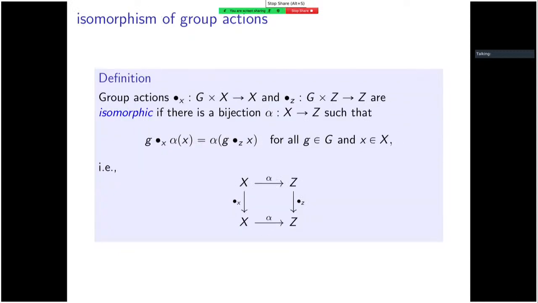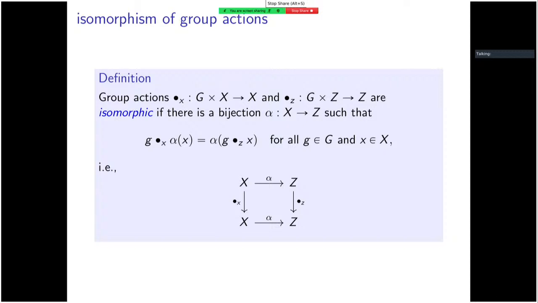And just as for species, we can define when two group actions are actually isomorphic. Possibly I've seen this before, and I will not read it because it's the good way to think of it. It's just the same as when two species, when the functors are isomorphic, or the proper language would be naturally equivalent.